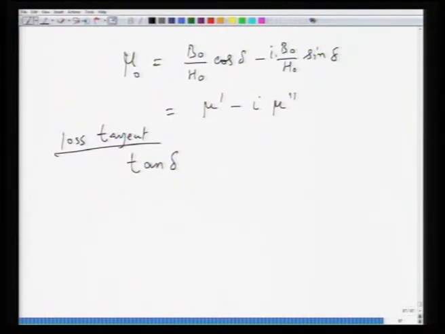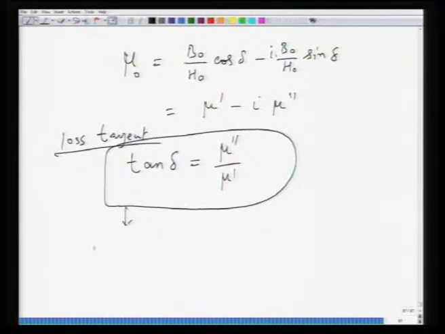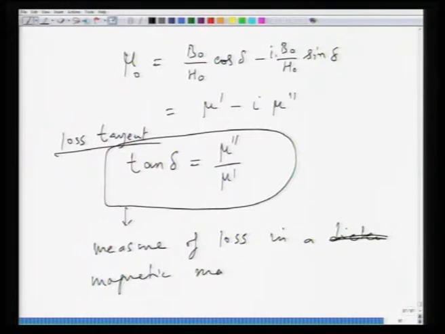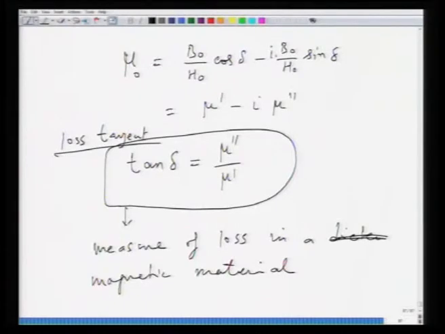And similarly, just like in dielectric materials, you can define a loss tangent, tan delta, as mu double prime divided by mu prime, which is a measure of loss in a magnetic material. Basically it gives you an idea about how much energy in the material is lost. So this is the complex representation of magnetic permeability in a magnetic material.